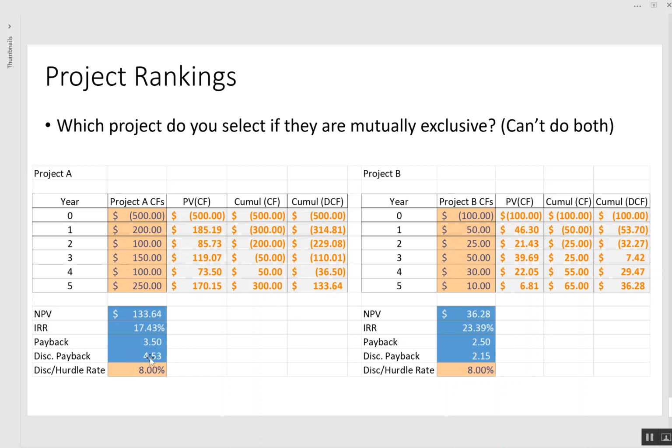So this project, on a present value basis, discounted payback, takes almost 5 years to pay back. This one only takes 2.5 years. So some managers might say this one has more model risk, more risk in the estimation of cash flows, whereas this one is going to be paid back really quickly. So I just wanted to throw that out there as another method that's used.